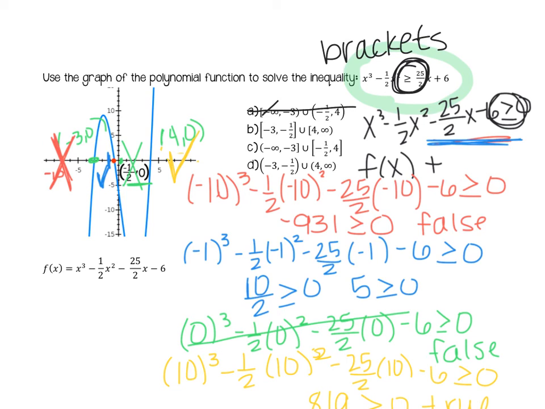Now I'm going to look and see between B, C, and D. I know that my answer is going to lie between -3 and -1/2, and like I said, it's going to be bracket, bracket, and then the union of 4 to infinity.